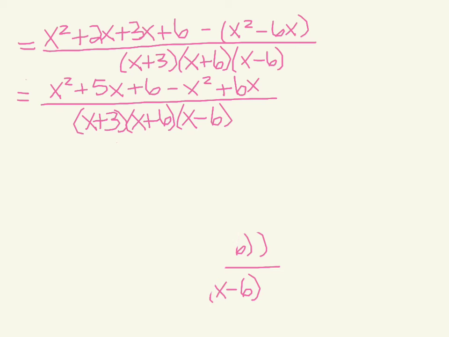Again, I'm still going to be combining like terms because the numerator still has some stuff that can be combined. So let's see here. We have an x squared. Oh, look at that. We have an x squared minus x squared, which means they cancel. And then I have 6x plus 5x. So that's going to give me 11x.